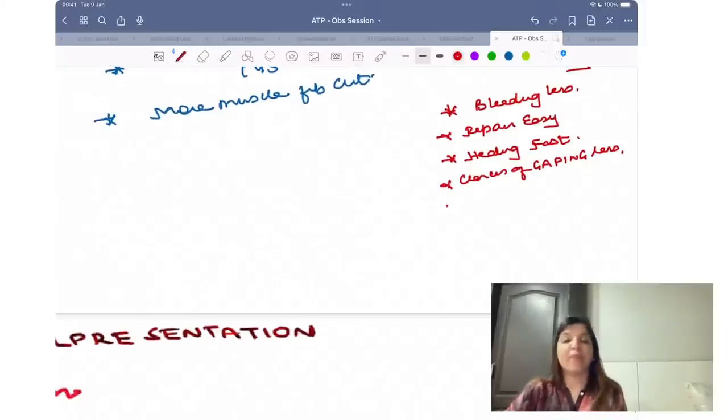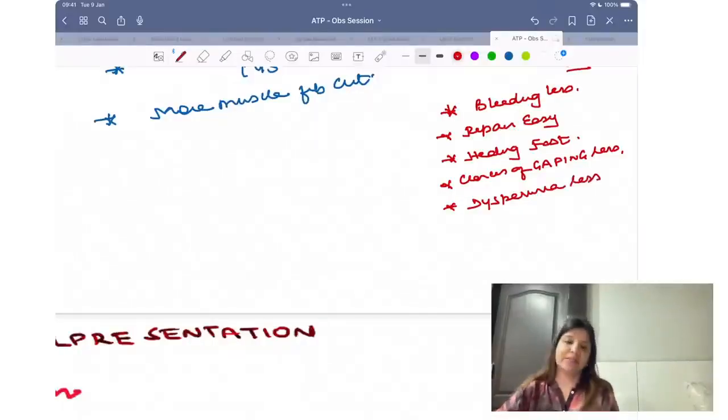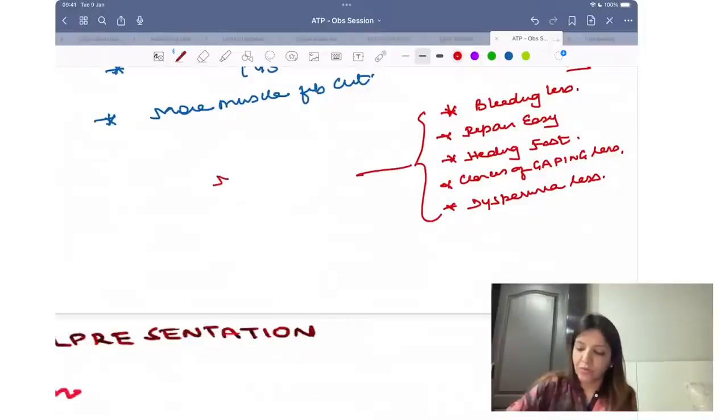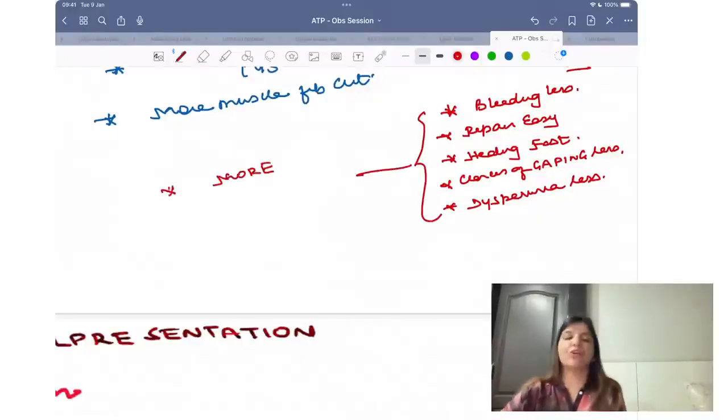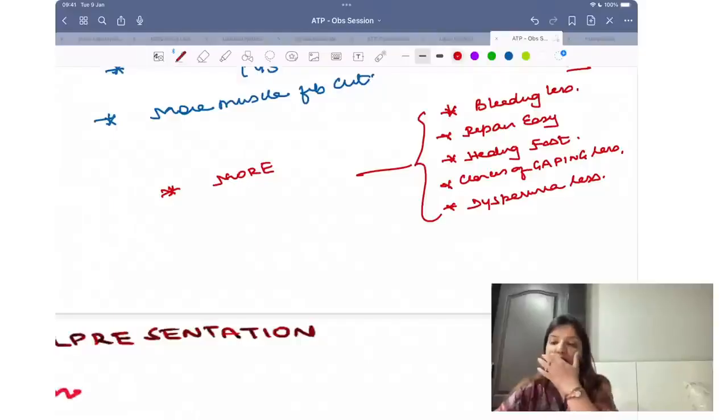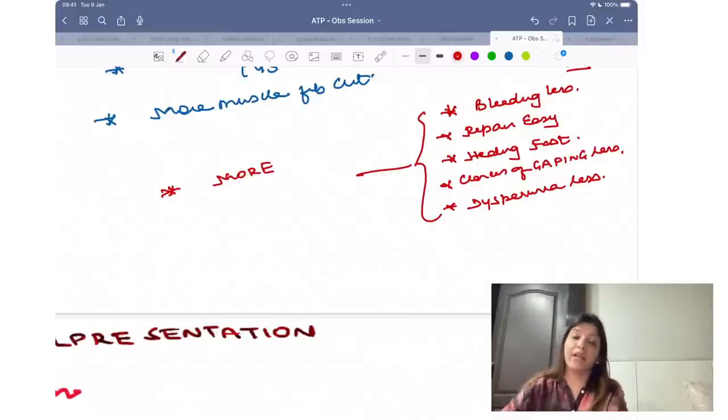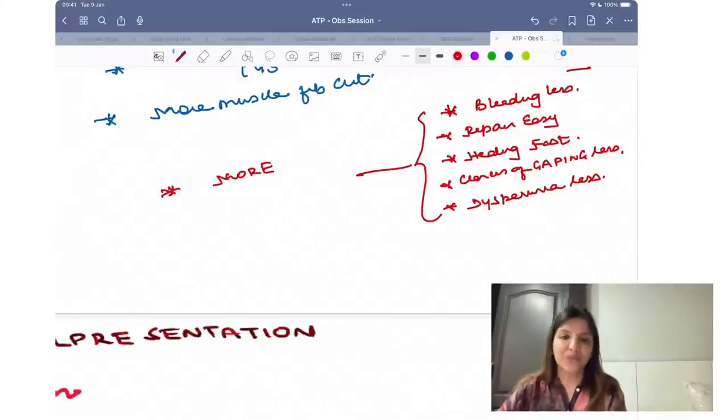And that is why pain at the time of intercourse, that is dyspareunia, will be less. All these things are more in mediolateral episiotomy because more muscle fibers are cut. So there will be a lot of bleeding, repair will be difficult, healing will be delayed, chances of gaping will be higher, and dyspareunia will also be more.